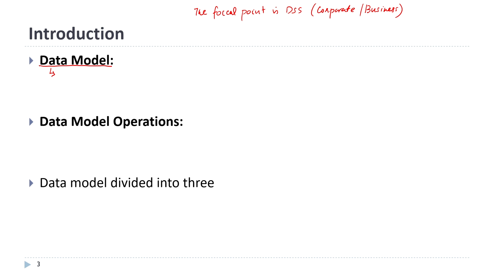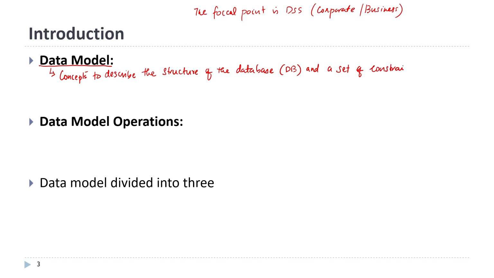For us, in simple terms, it is the concepts to describe the structure of the database, and a set of constraints that the DB, the database, should obey. That is what we call the data model.